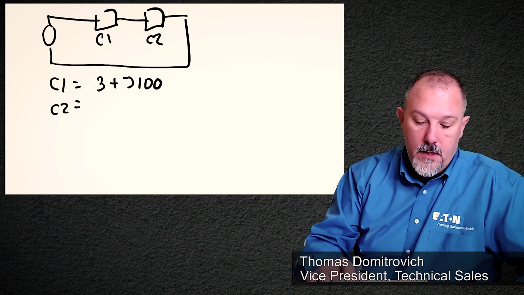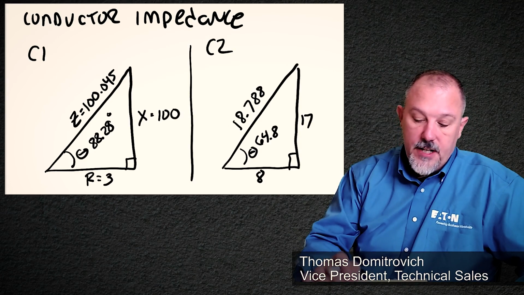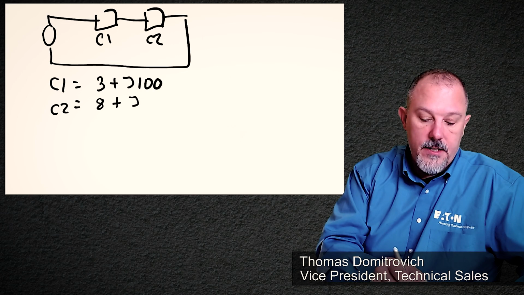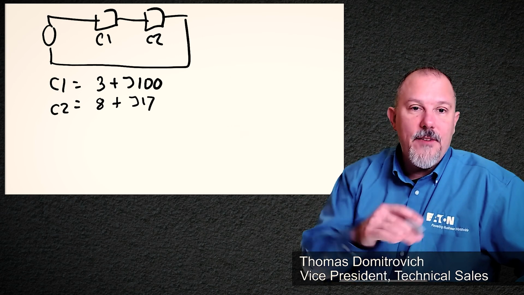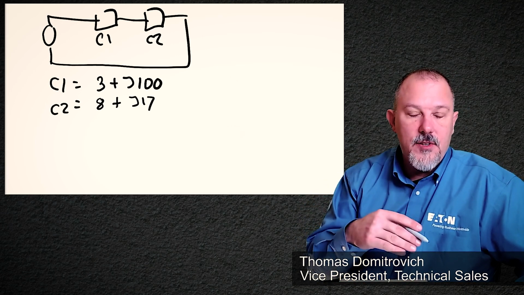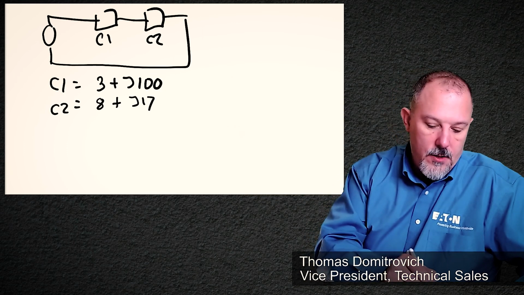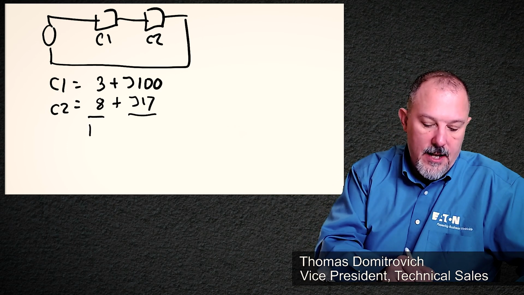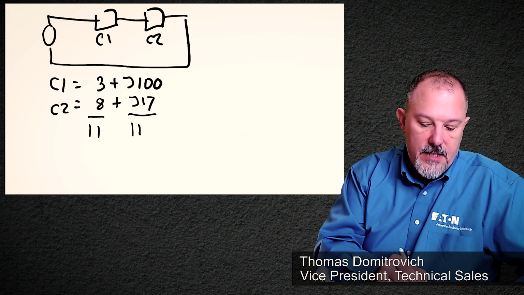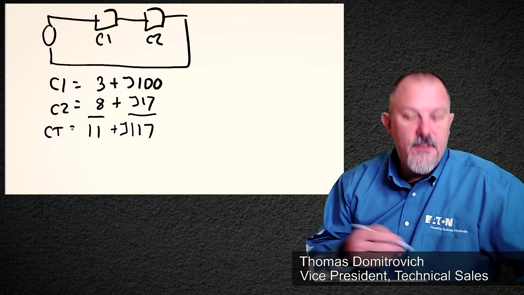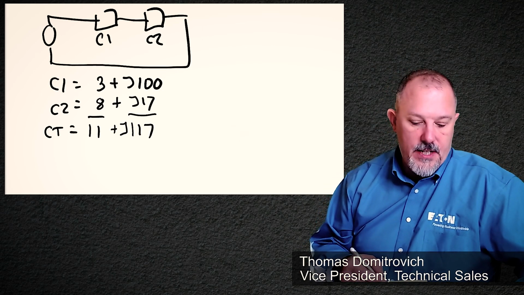C2 is equal to 8 plus J17. Now, whenever I have conductors in series like this, I just add the R's and add the X's. So this is 11, and this is 117. So my C total is 11 plus J117.